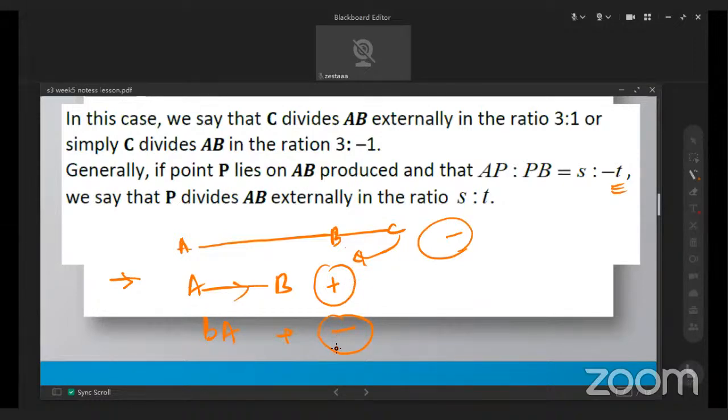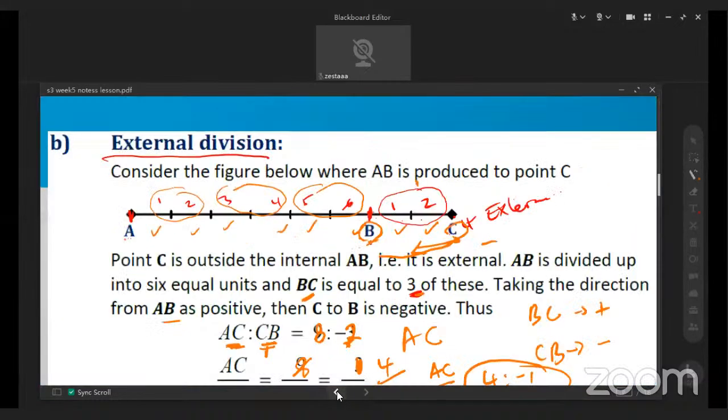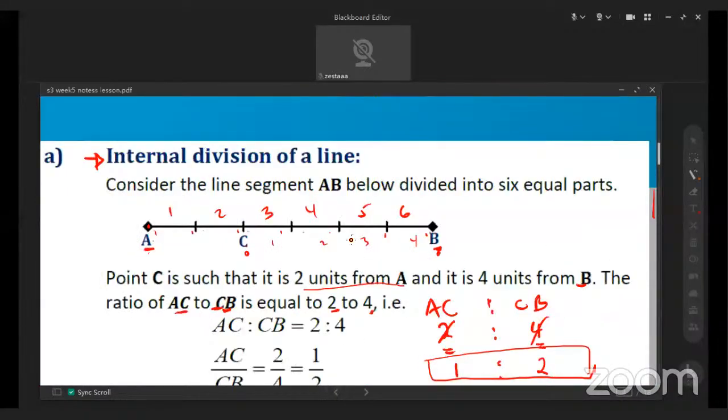So now, someone asked me to repeat something about external and internal. We said internal is direct. If it is from A to C, these are 2 units. Then C to B becomes 4, because there are 4 units here: 1, 2, 3, 4. That's how we get our division.